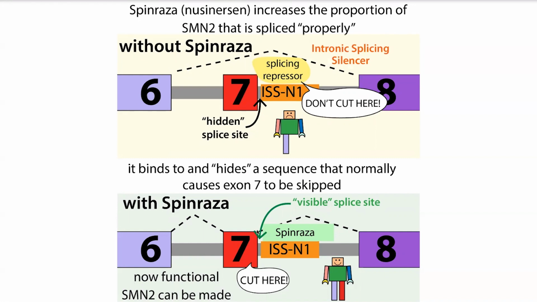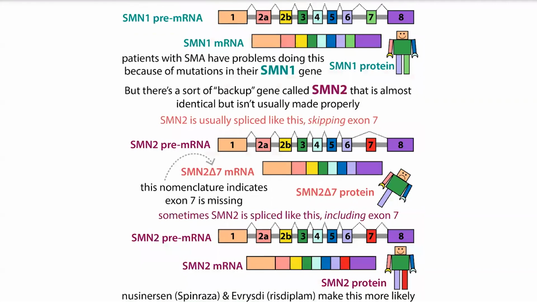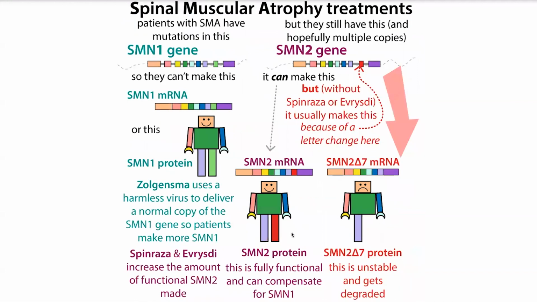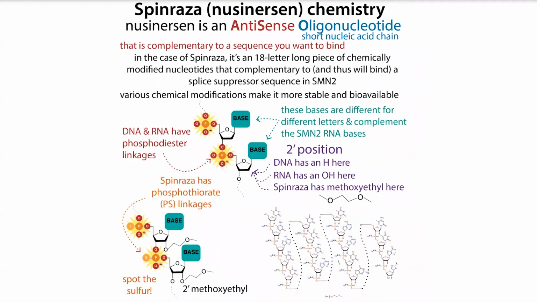And if Spinraza binds to that sequence first, now that repressor can't bind, and so now the splicing isn't going to be repressed, so this sequence is going to get spliced here, which allows for the inclusion of exon 7, and this corrects for that defect, and now these patients can make SMN from SMN2 and therefore have a functional protein. And so this is a groundbreaking discovery using ASOs.